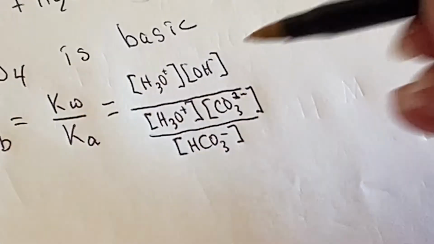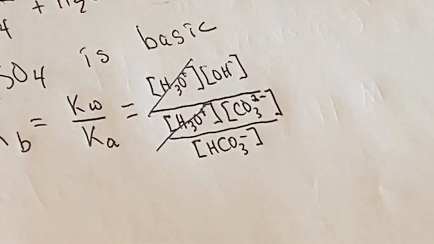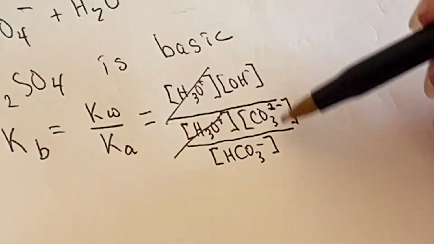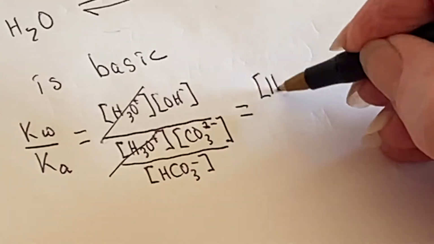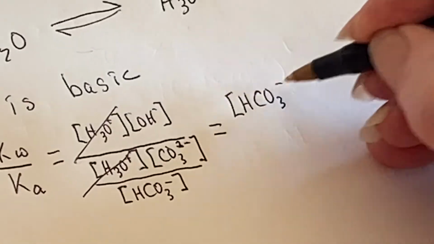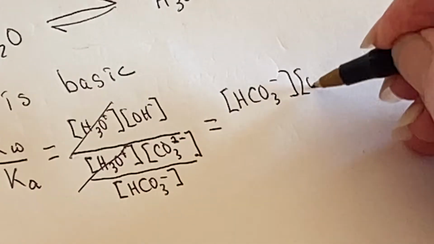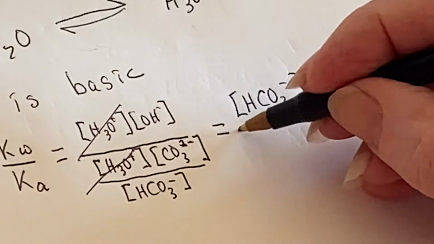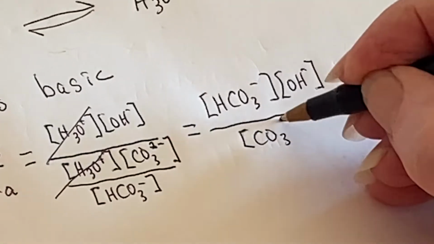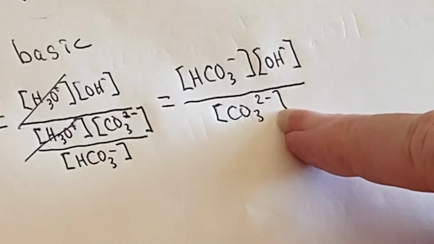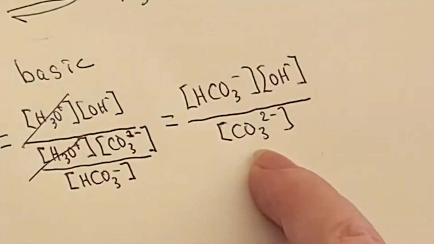If you look at that, you realize these are going to cancel. And since I have two sets of division signs, we're going to end up with HCO3 minus and the OH minus and the carbonate ion down here, which is exactly what we would have gotten from this formula here.